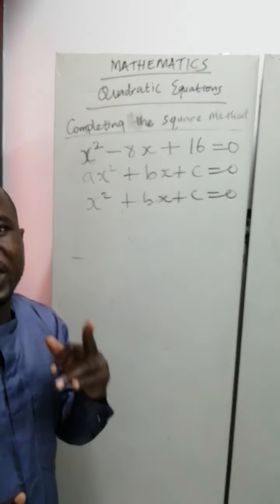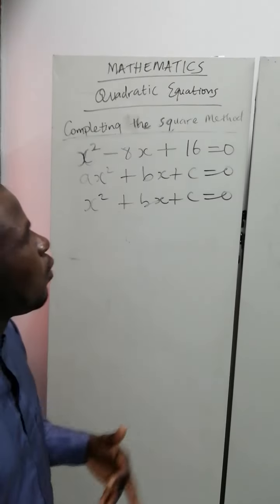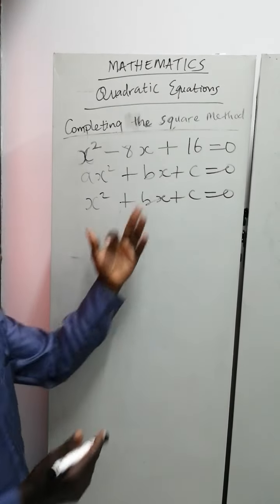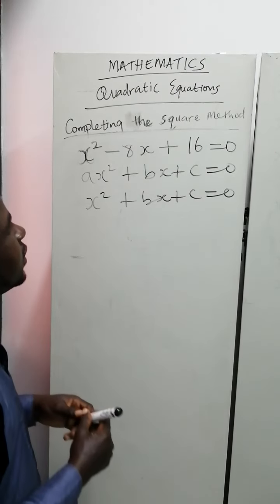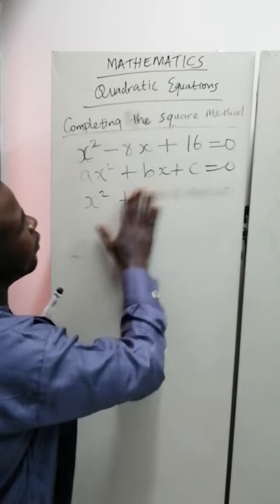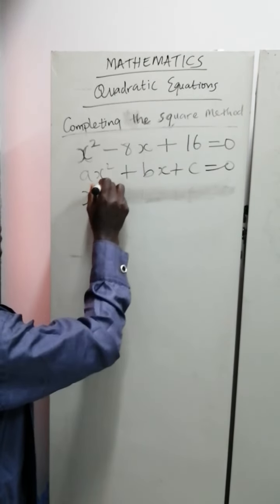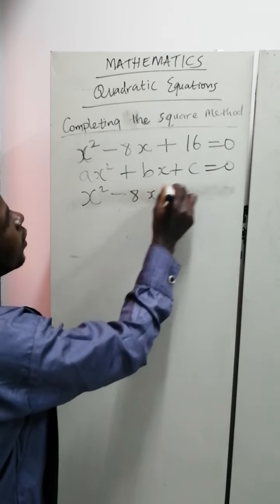In this question, what is the value of a, what is the value of b, and what is the value of c? The original expression is x squared minus 8x plus 16 equals 0.